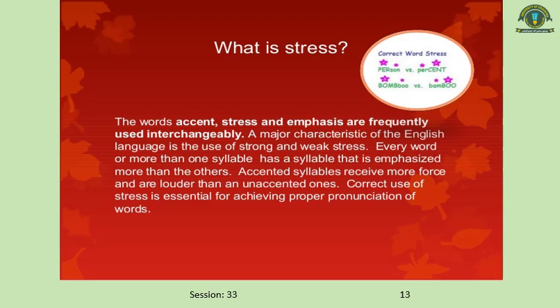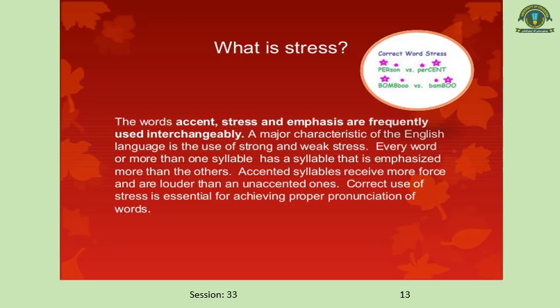What do they signify? The biggest star is telling us the stressed syllable. The first word in the oval is person, and the second word is percent.